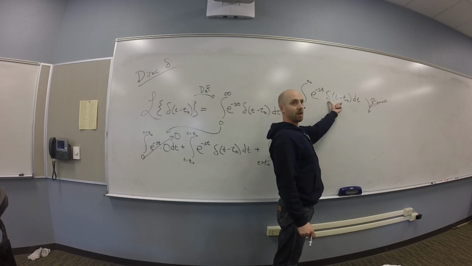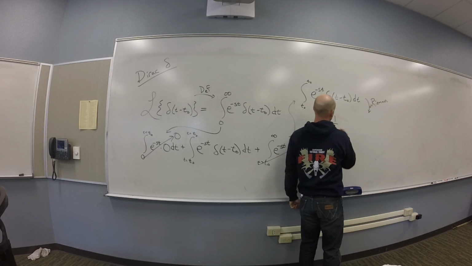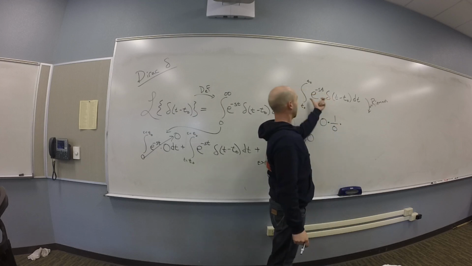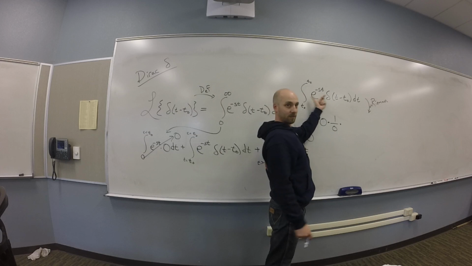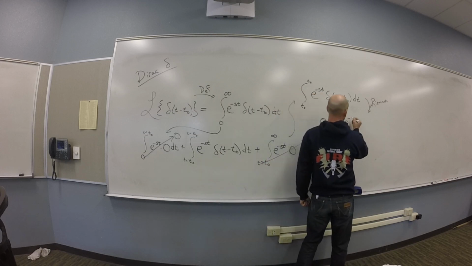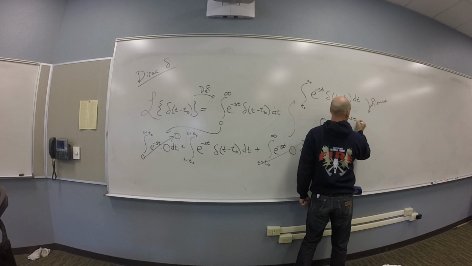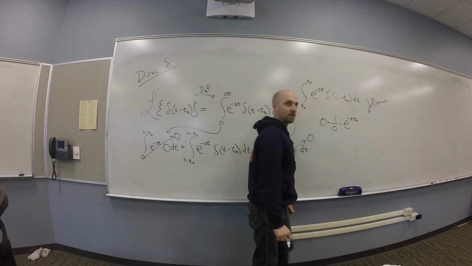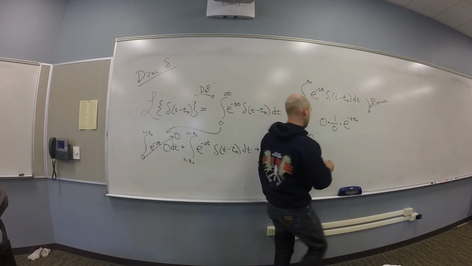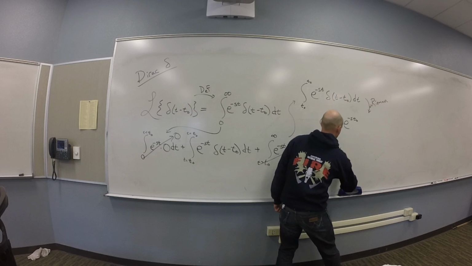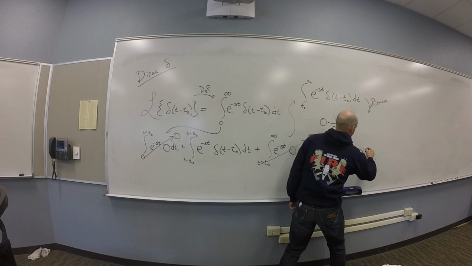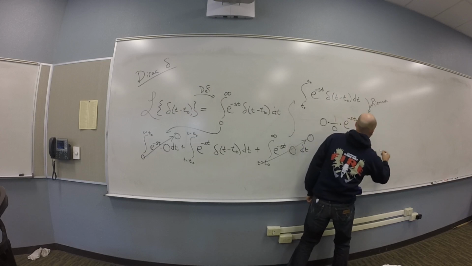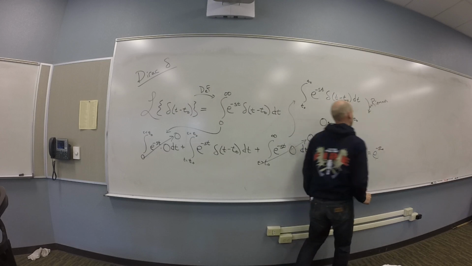What's delta t naught? 1 over 0. And what's this guy at t naught? It's e to the minus s times t naught. So all told, the Laplace transform of delta of t minus t naught is e to the minus s t naught.